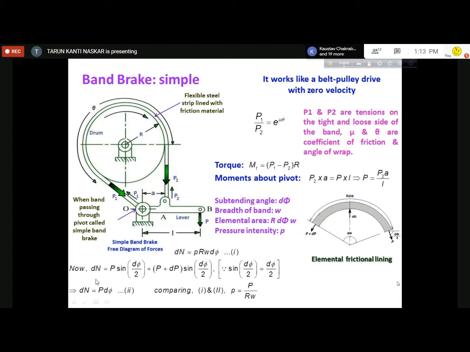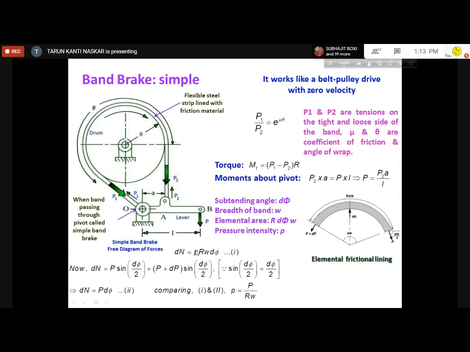Also dN is equal to p sin d phi by 2 plus p plus dp sin d phi by 2, and sin d phi by 2 equals d phi by 2, and considering higher order differentials to be neglected, dN will be equal to p d phi.